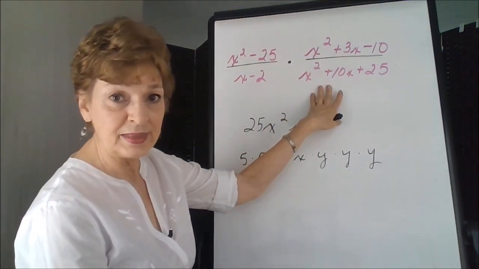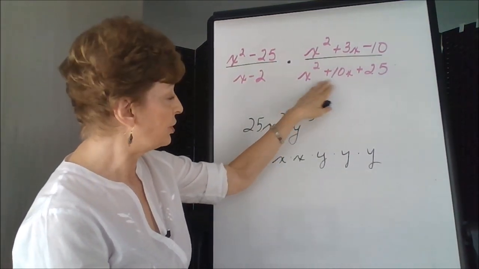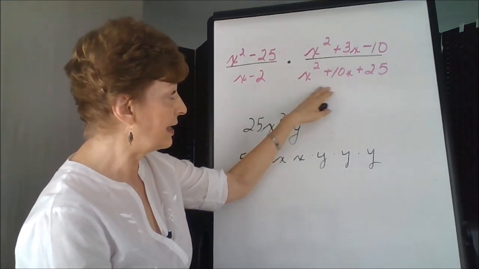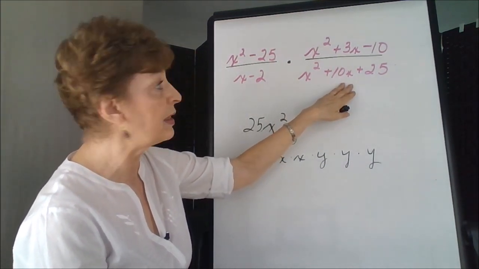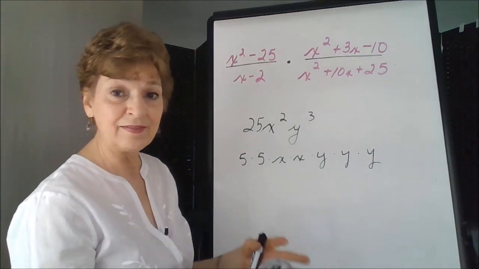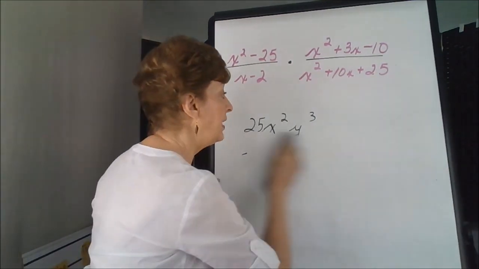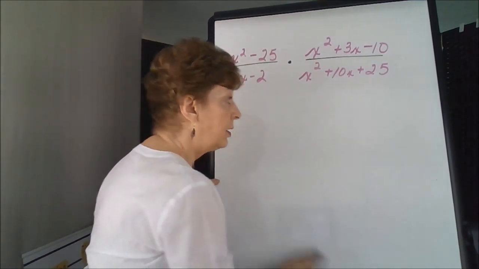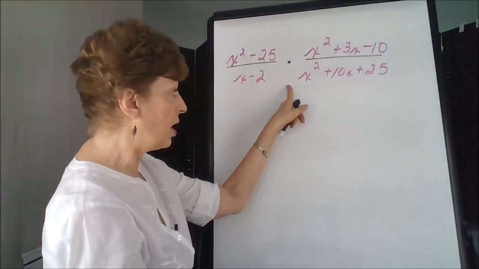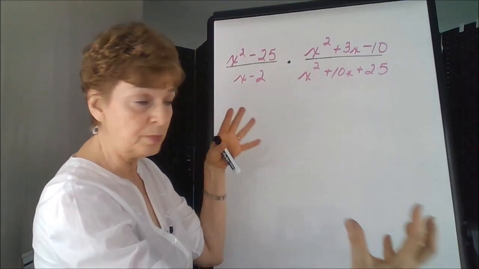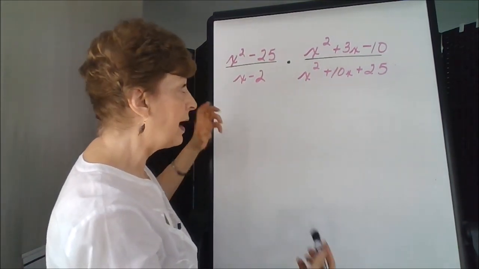That's not the case with addition and subtraction when the terms are attached like this within the trinomial or the binomial. They have to be factored. They have to come out as a group. So it's a little dicey when we go to multiply the whole grouping of them. They have to be broken up.